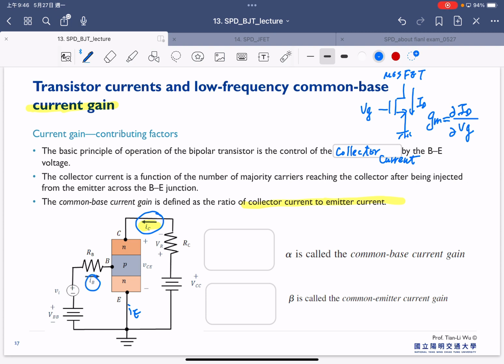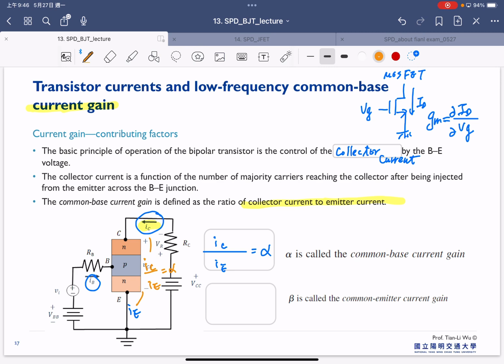The first ratio is the collector current over the emitter current, which we call alpha, the common base current gain.